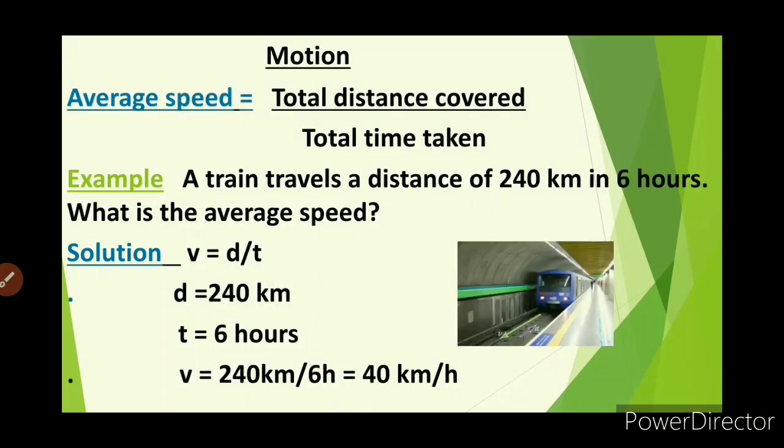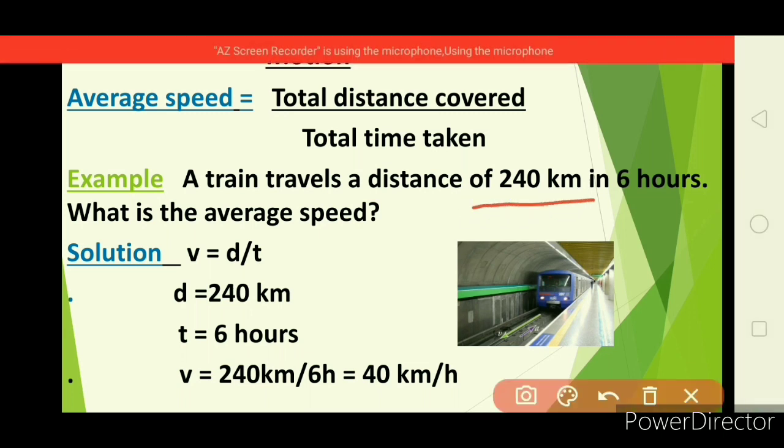Here we have average speed. We have a formula: total distance covered upon total time taken. We need this formula to know in per hour how much distance is traveled by an object. Example, a train travels a distance of 240 km in 6 hours. What is the average speed? So we have the formula of speed, v equals d upon t.